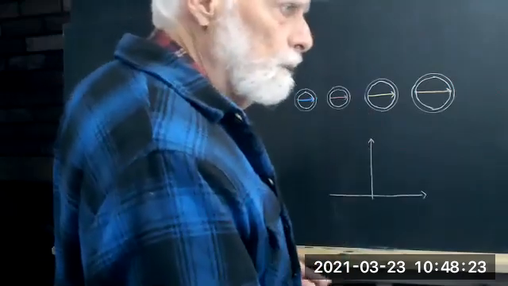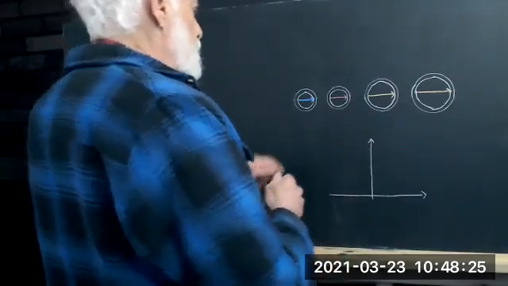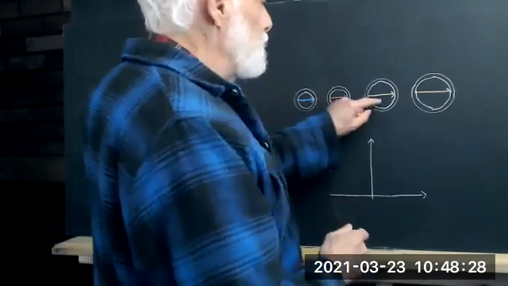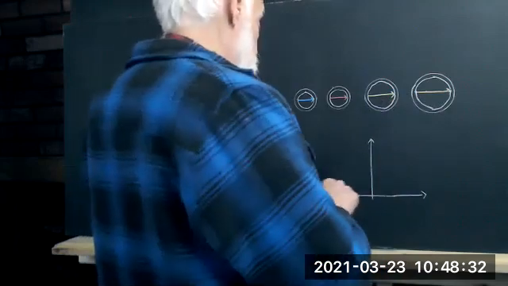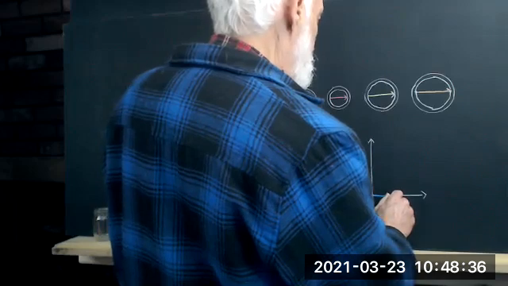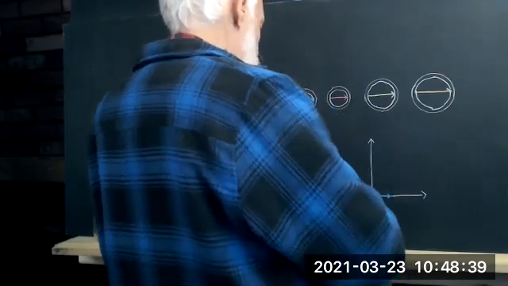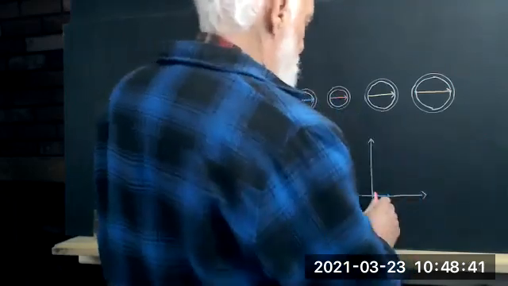Now, if I make a graph, if I take each of these diameters as my x coordinates, I'll have something that looks like this.